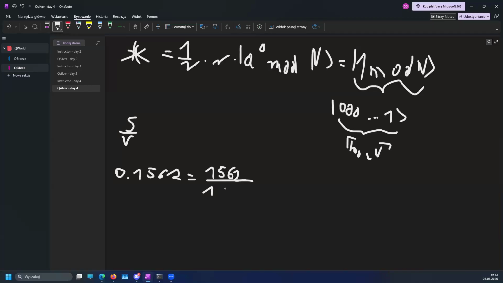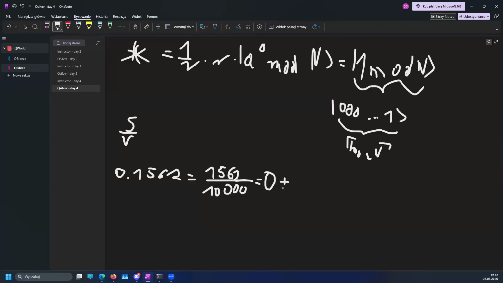So now let's express it in some better form. Divide by 10,000. But this is still not R, because there are many ways to express this fraction to get exactly this number. So we need here a continued fraction algorithm, and the first step here, since S divided by R is less than 1, the first integer that we will use will be equal to 0.